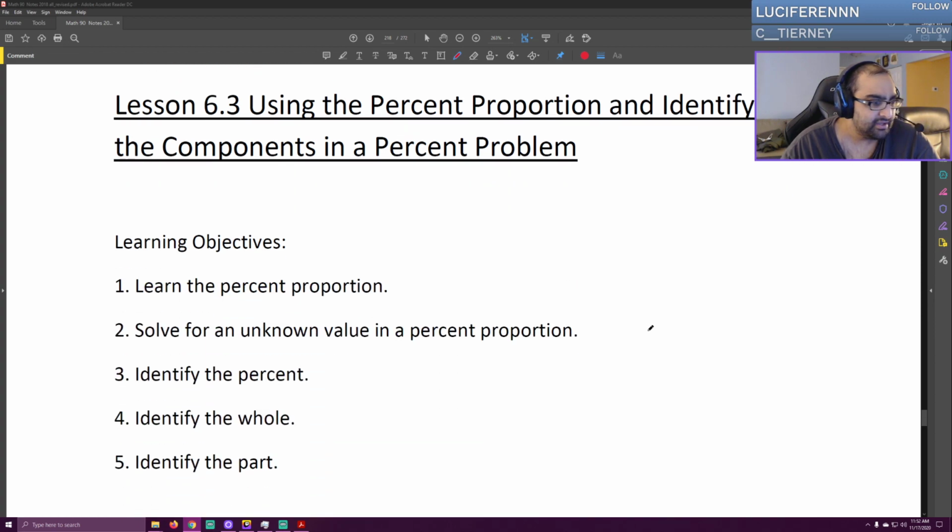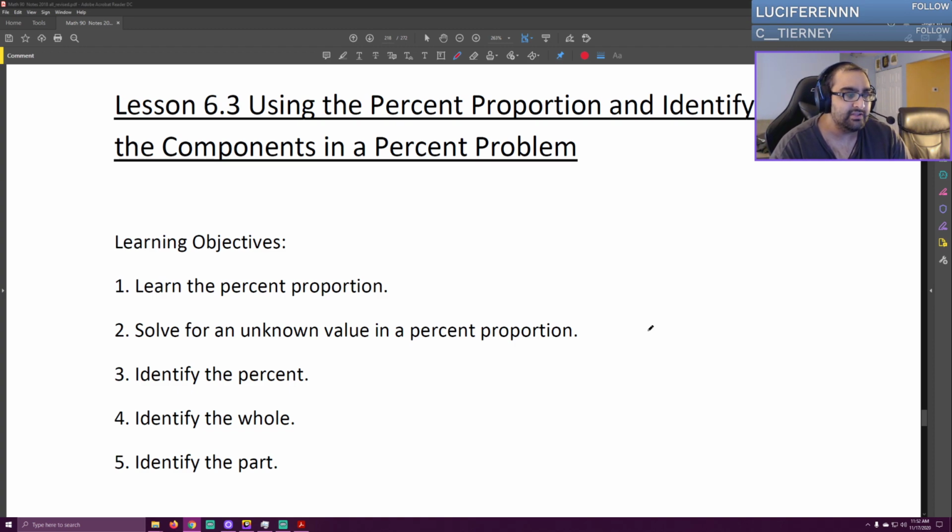Okay. All right, let's talk about the next section here, which is something that we talked about in the last chapter, which was proportions. Now we're going to be using percentages that we've talked about here in conjunction with proportions, and then basically finding out that unknown variable.